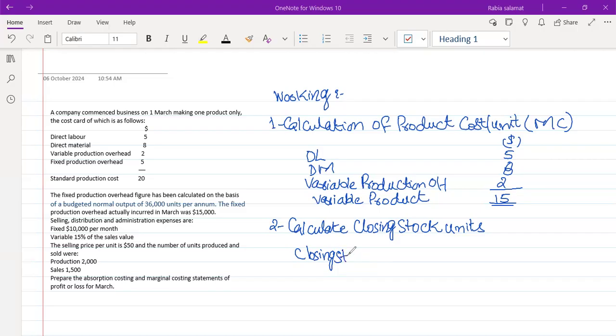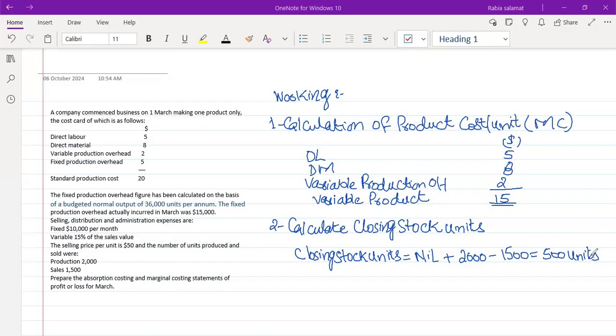That's why opening stock is nil. Otherwise, one period's closing becomes next period's opening stock. We have no opening stock plus production, that is 2000 units, minus sales, that is 1500 units. So you have 500 units closing stock.